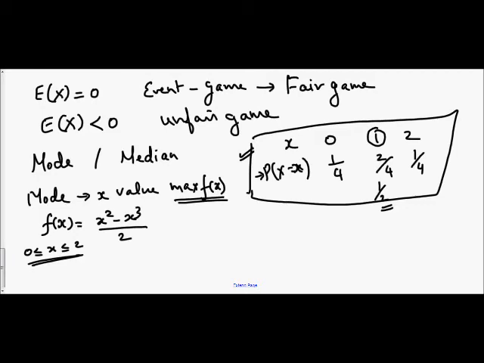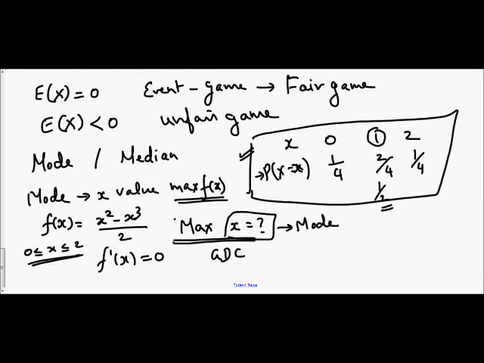In this interval, you use your calculus and find the maximum values. For this, either you can use calculus and find f dash of x and set it equal to 0, or you can use a GDC and find the x value for the maximum part of the function.